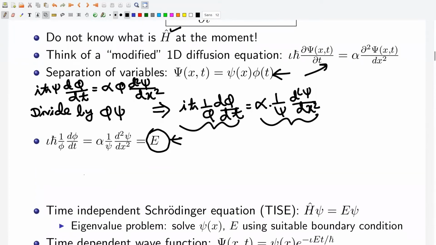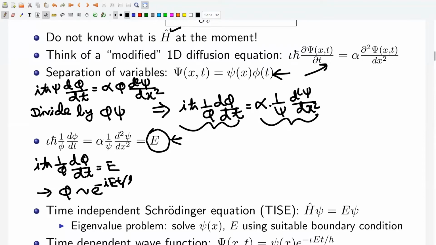Now, from this equation, what we can write is i h-cross (1/phi) dphi/dt equals E, and we can solve the time dependent part as phi goes as e to the power minus iEt/h-cross, and the space dependent part we can write as alpha d²psi/dx² equals E times psi.